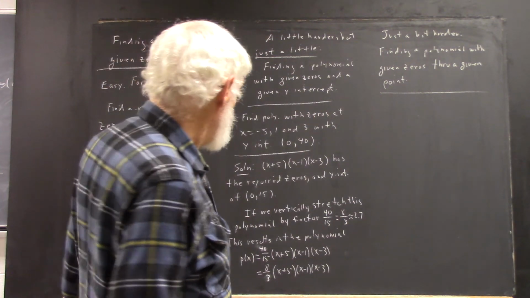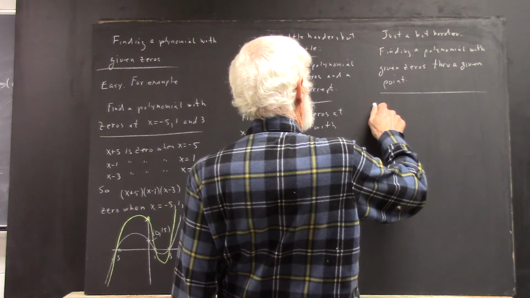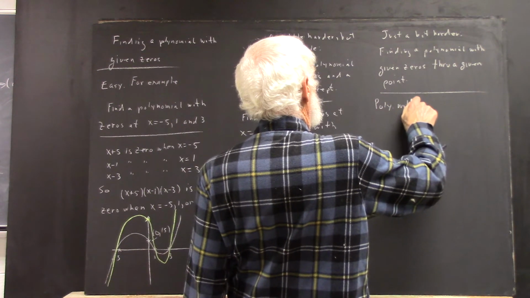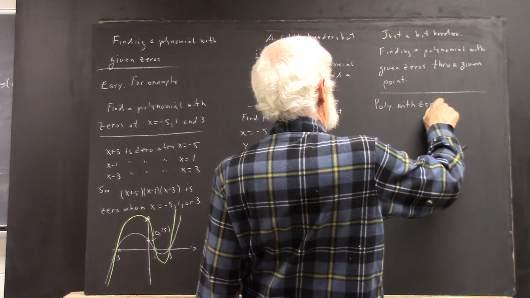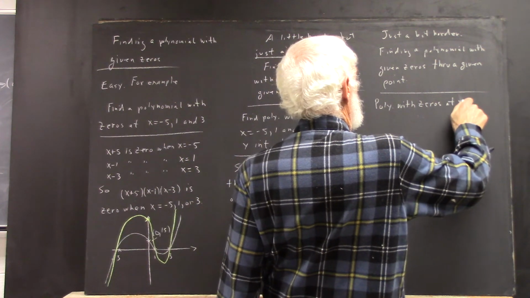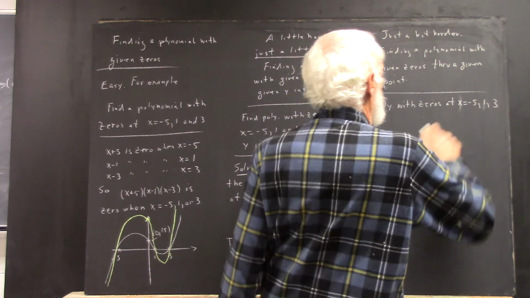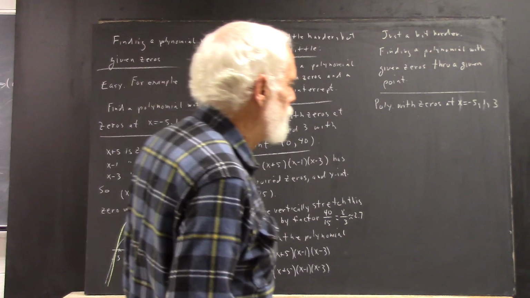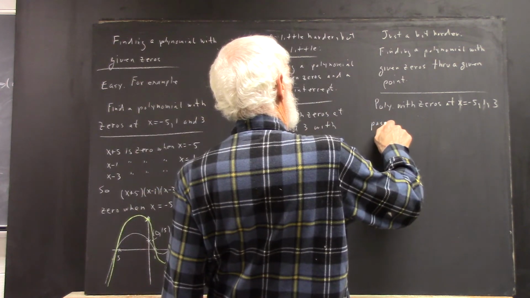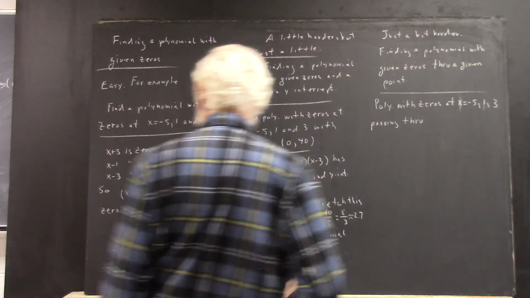Okay? Well, okay, have zeros at x equals -5, 1, or 3. Passing through the point. Now let's just see.